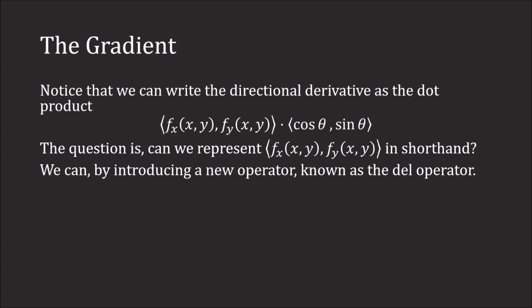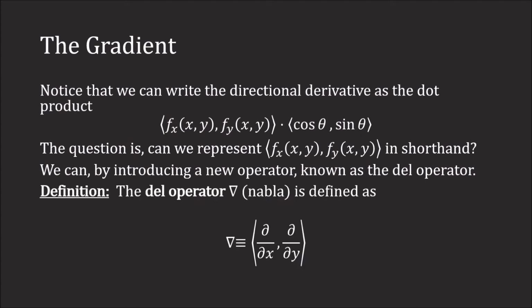This is known as the del operator. So the del operator is this upside down delta, which is the nabla symbol, and it is defined as the vector partial partial x, comma partial partial y. And keep in mind that this does not need to be just two-dimensional.